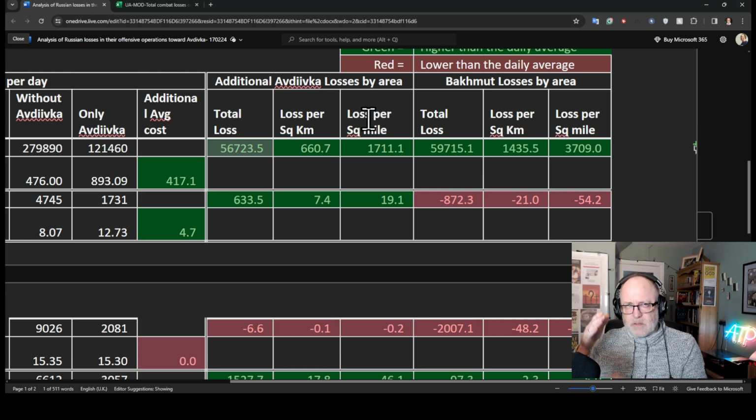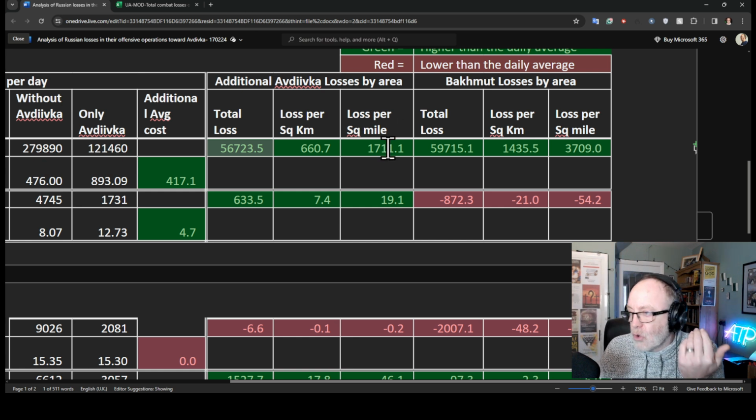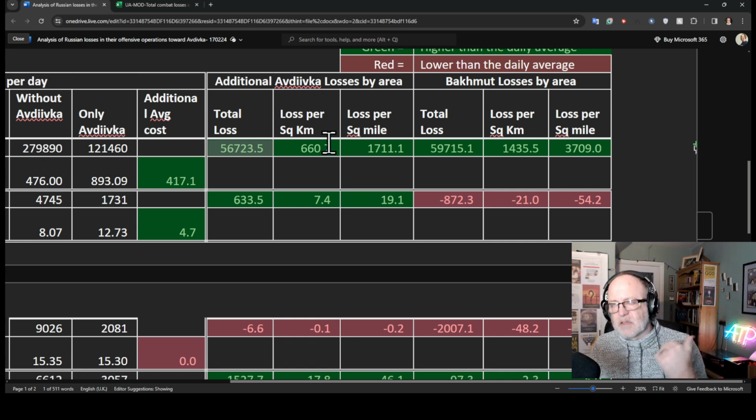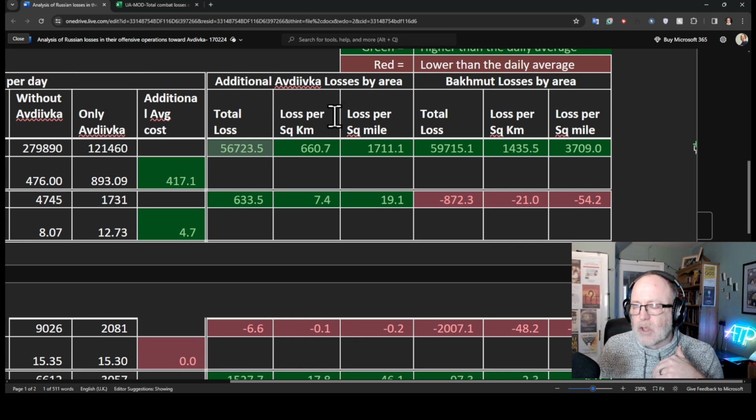So actually, this is quite a good comparison. Previous to Bakhmut, there were these losses. Then Bakhmut hit, and there were these losses. And he said, right, okay, sure, there might be losses incurred in other places other than Bakhmut that are going to affect these figures, but from a simplistic point of view, 59,715 people were lost in Bakhmut, although that's over a longer time period, I think, than Avdiivka.